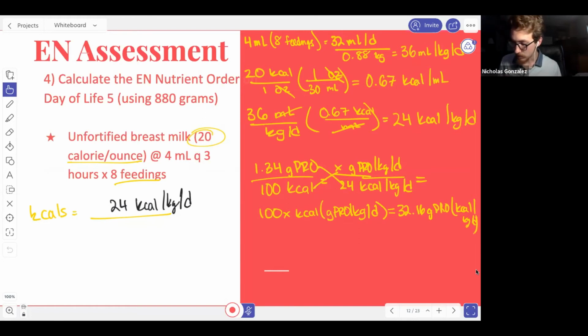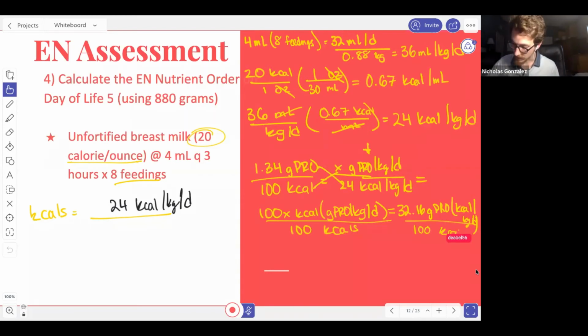Okay, and once again, in this case, we're looking for the grams of protein per kilogram per day. So on the left side, we want to keep just the x. So we're going to divide by 100 kcals on this side as well.